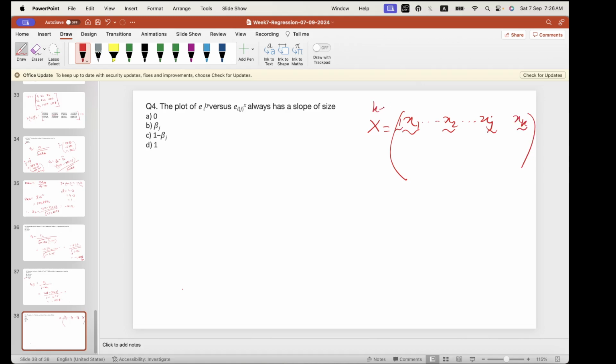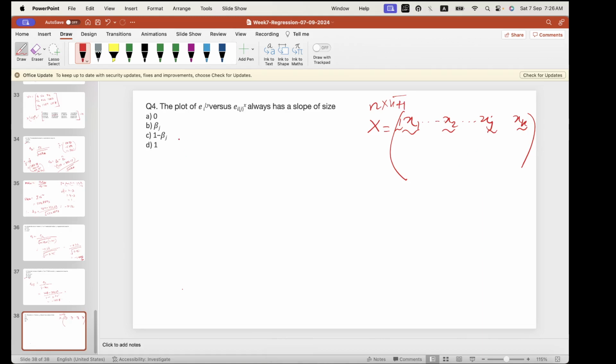So we have an n cross k plus 1 dimensional X matrix.